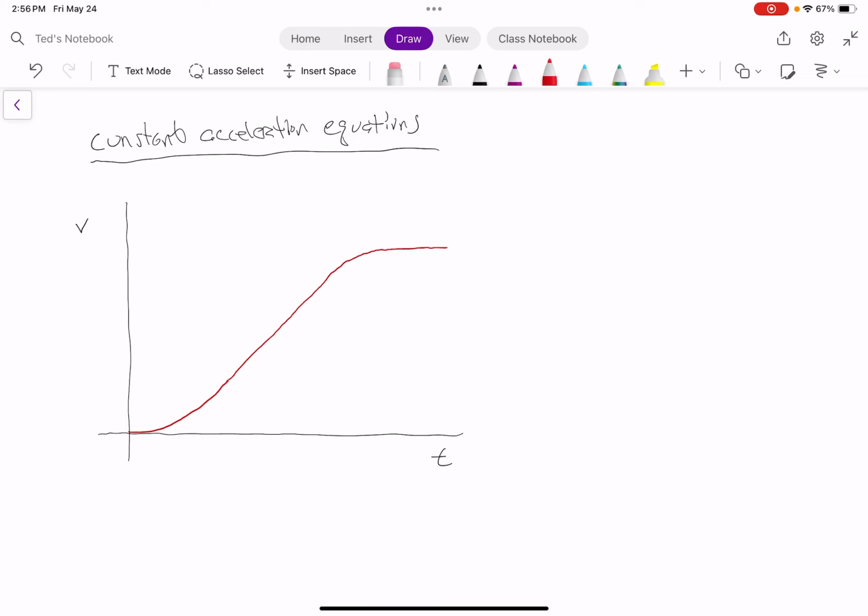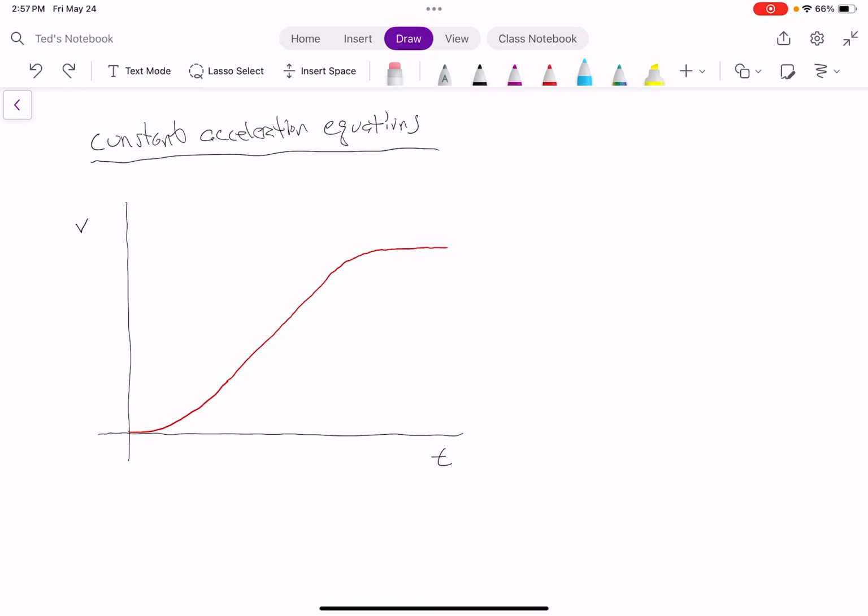So I hope you can see that this is not an example of constant acceleration because the slope of the line here is different from the slope of the line here, is different from the slope of the line here. So if an object were to move like this, it would not be constant acceleration, and all of the equations that we're going to talk about in this video would be useless.